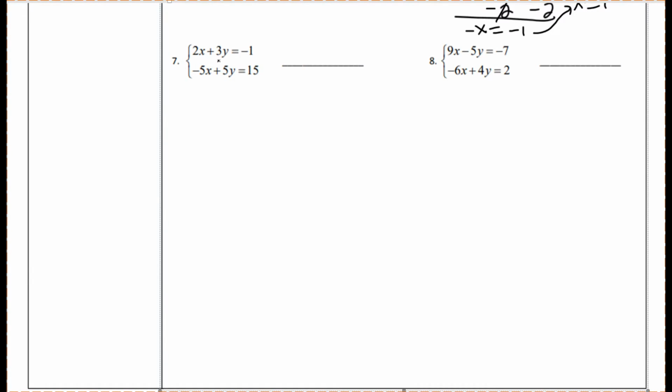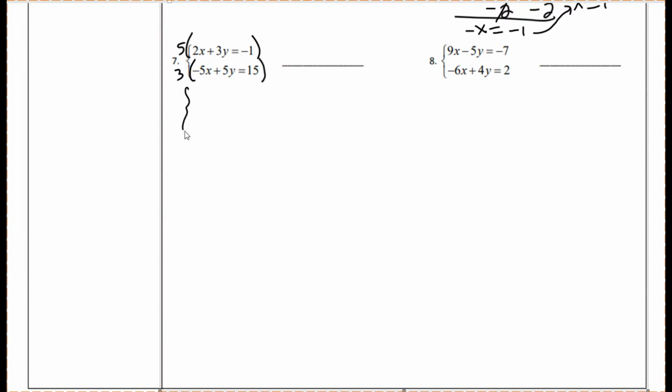I need to multiply the top equation by 5 and the bottom equation by 3. This will give both coefficients to be 15 for the y. I'm going to multiply the top one by 5, and that will make the 3y into 15y. And I will multiply the second one by 3, making the 5y into 15y.